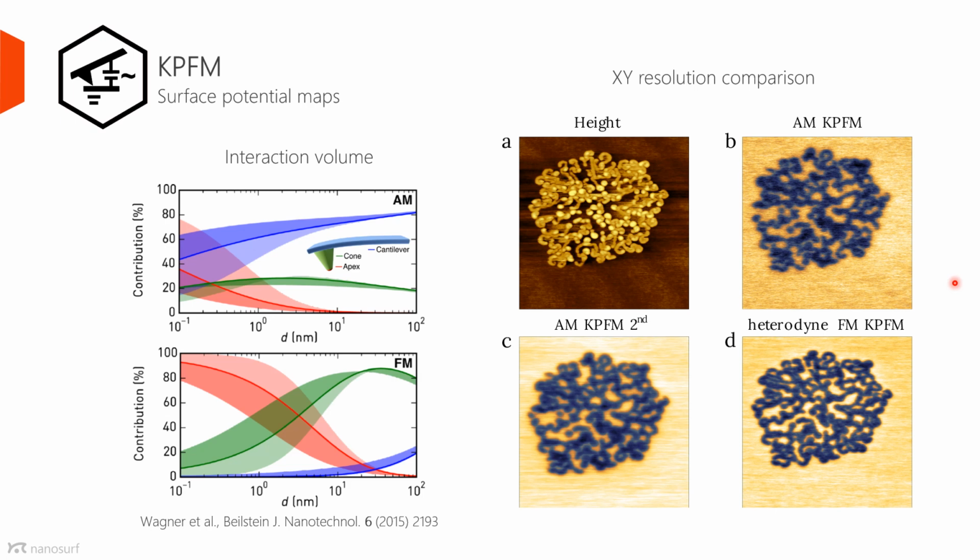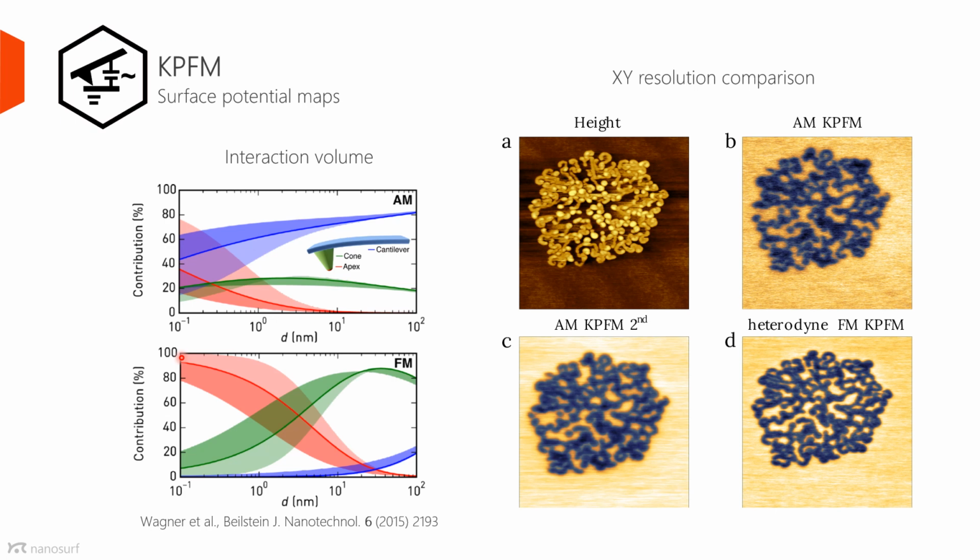On frequency modulated, for instance, down here, you can see that the cantilever contribution is negligible. It almost disappears when you come close to the surface. There is still some contribution of the cone, but it decays very quickly. And most of the contribution when you're close comes from the apex.